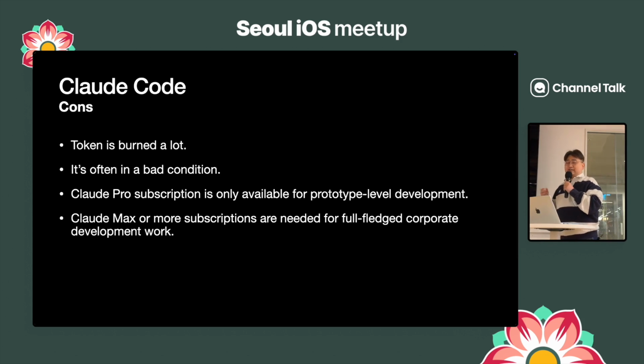But the tokens are a bound or not. It is often in a bad condition, bad status. Claude Pro subscription is only available for prototype level development. Claude Max or more subscriptions are needed for full-fledged corporate development work.